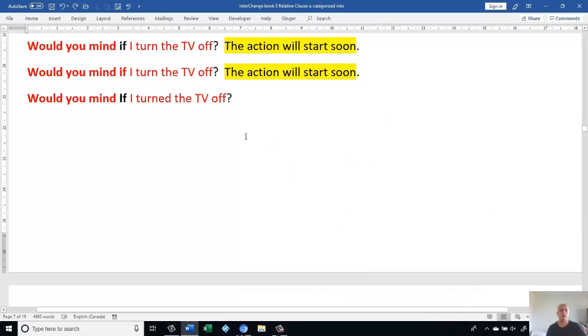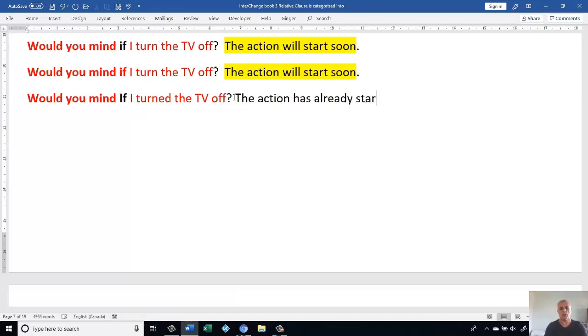The other subject we want to do here, we say, would you mind? Then the second part, if I turn the TV off. It means here the action has already started or begun.